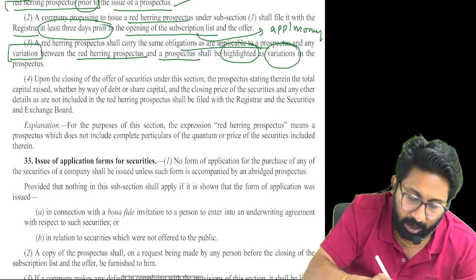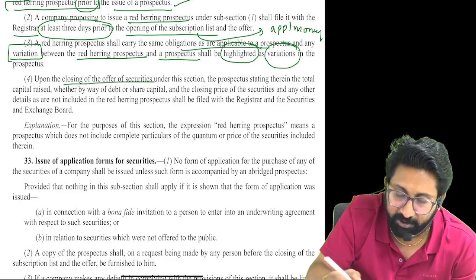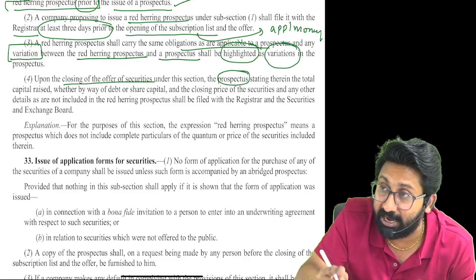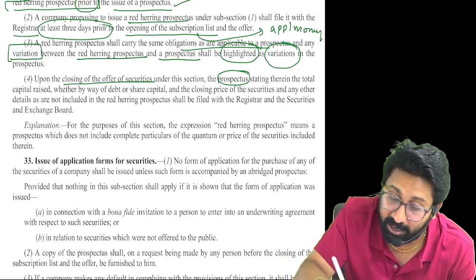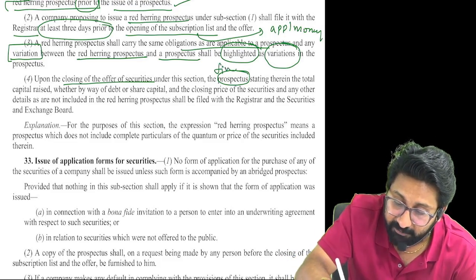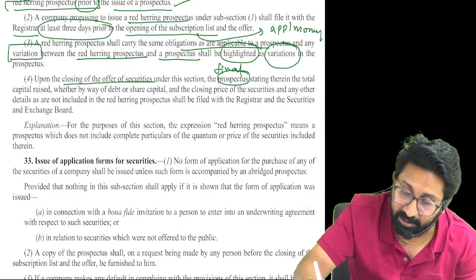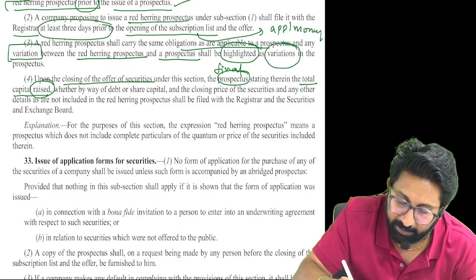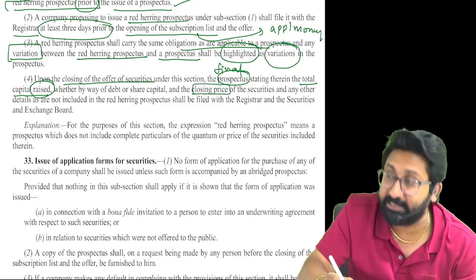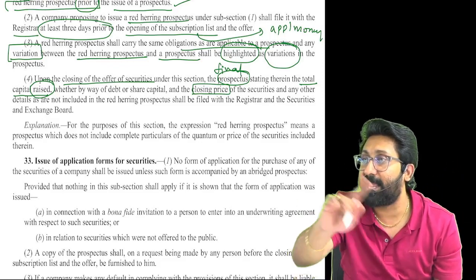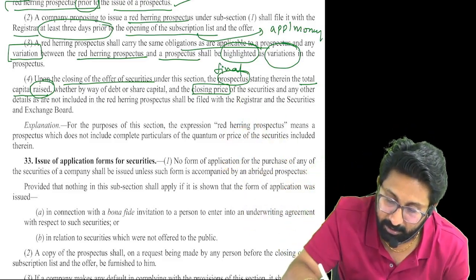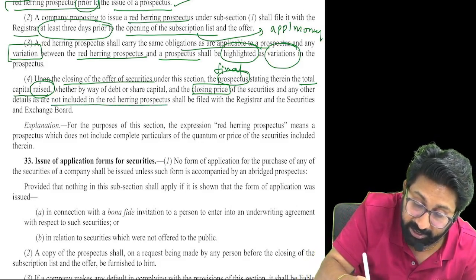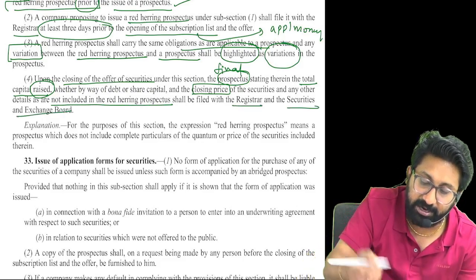Read. Upon closing of the offer of securities, prospectus stating, stop there. Which prospectus is this? The final prospectus, stating therein the total capital raised, either by debt or equity capital, and the closing price of the securities, and any other details not included in the RHP, shall be filed with the registrar and SEBI.